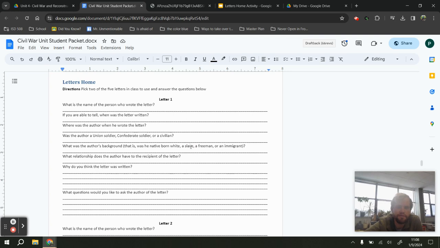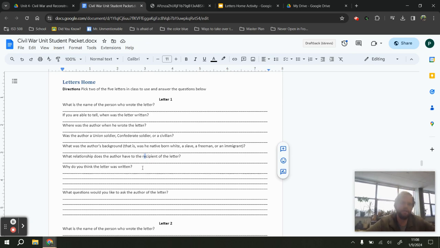Is he a slave, a freeman, or an immigrant? Sometimes the letters themselves will tell us, and other times we're going to get context clues. What relationship does the author have to the recipient? The recipient is the person who gets the letter. If I'm the recipient of this letter, I would be the one who receives it.